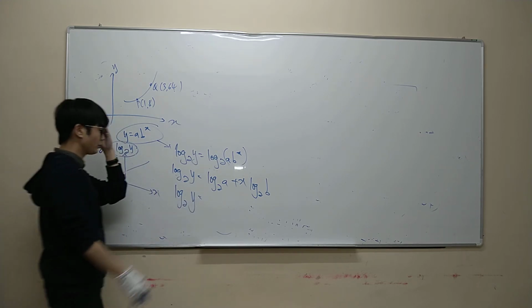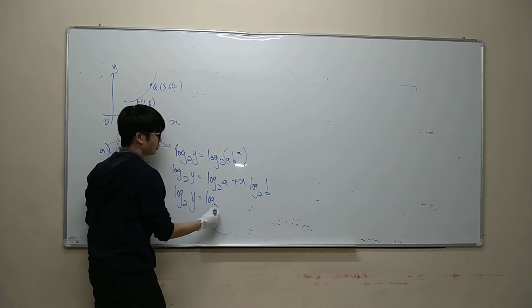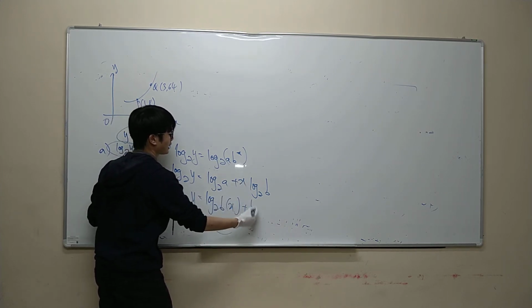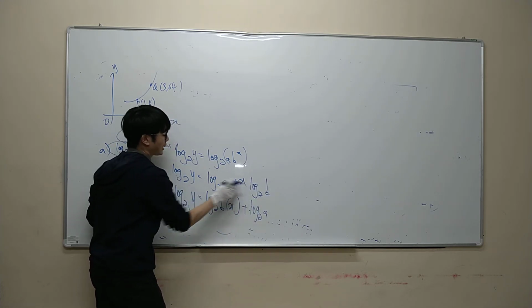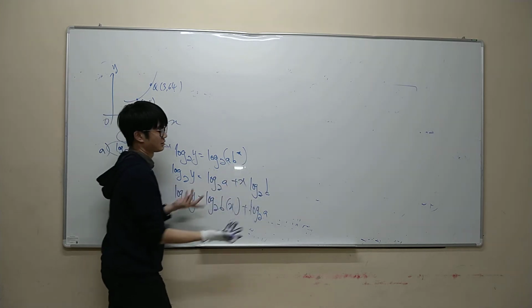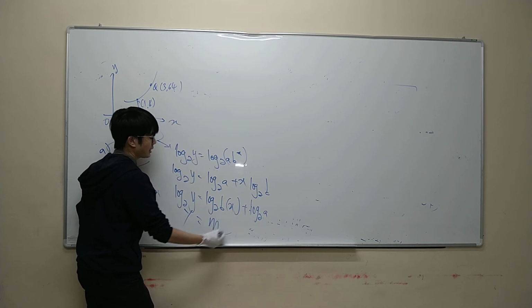You have to write the term with x first: log base 2 of b times x, plus log base 2 of a. x times log b and log b times x is the same. I just write it behind because I want to show that it's in linear form, y equals mx plus c.